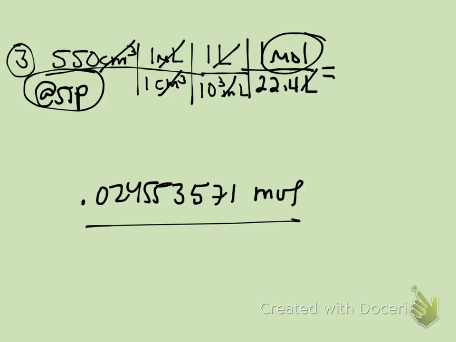We actually have 3 sig figs. That given in the book was 550 with a decimal after it. So what would that answer be with 3 sig figs? This is one of the ones everybody hates. That's 1 sig fig. 0.0, that's 2 sig figs.